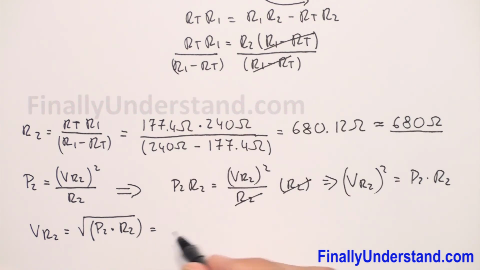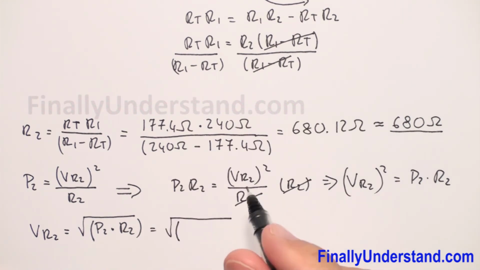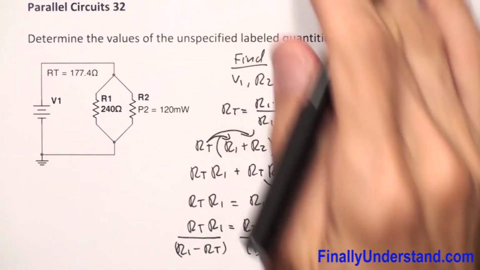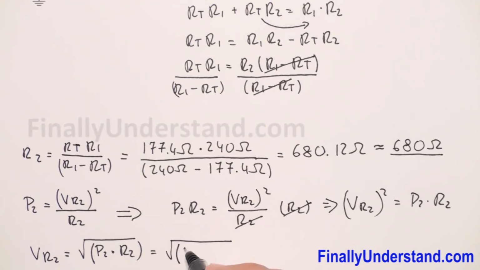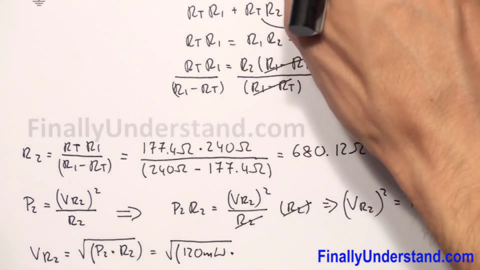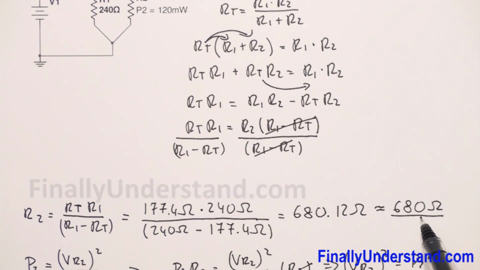So this is equal square root, open parenthesis, P2 is given, and it is equal 120 milliwatts. So I have 120 milliwatts times R2, which is equal 680 ohms.